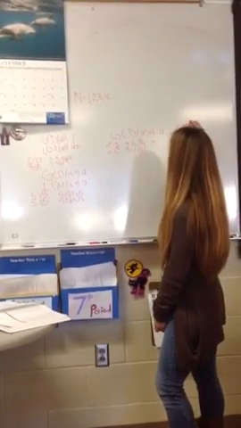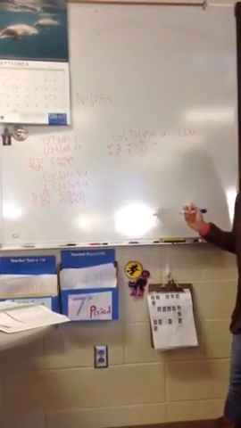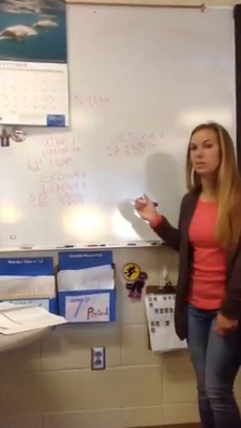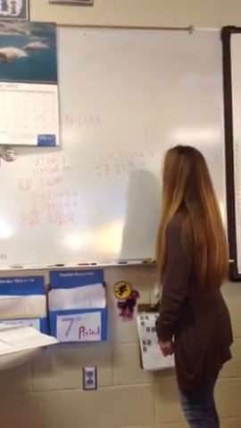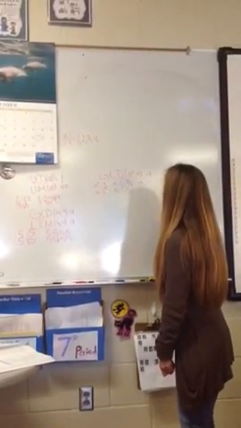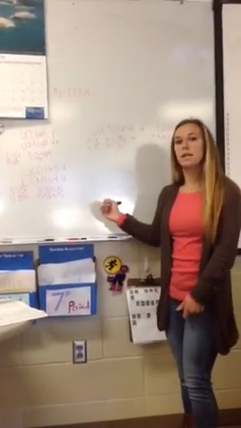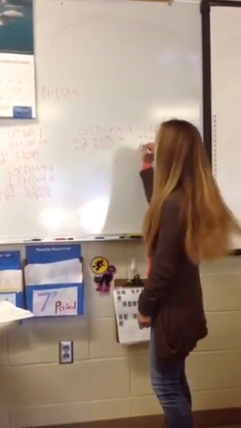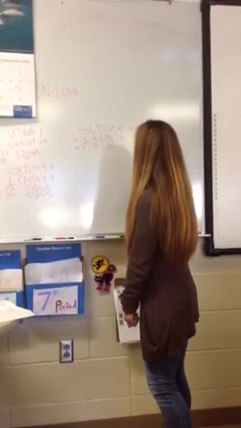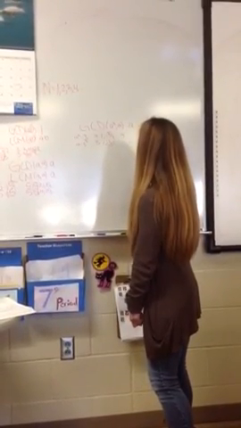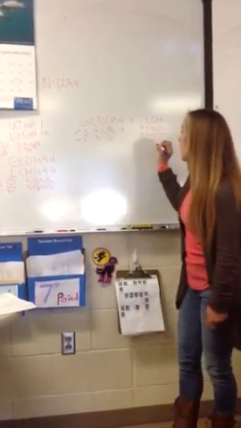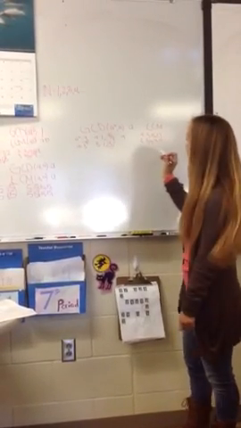And now for our least common multiple, we're going to take the multiples of the two numbers. So let's start with 9. We get 9, 18, 27, and so on. And now we're going to find the multiples of 3, which is then 3, 6, 9, 12, and so on. So now we want the first number they have in common again.